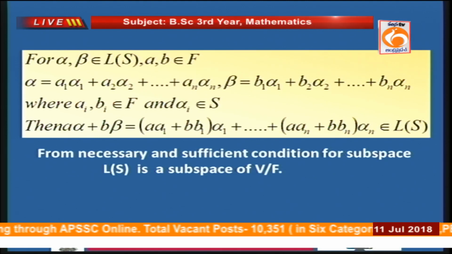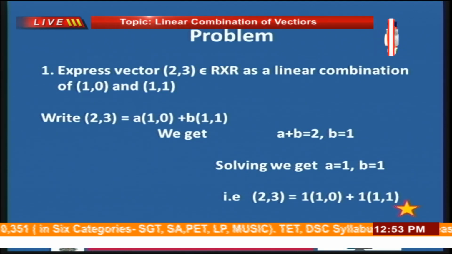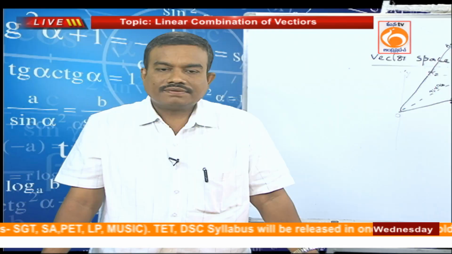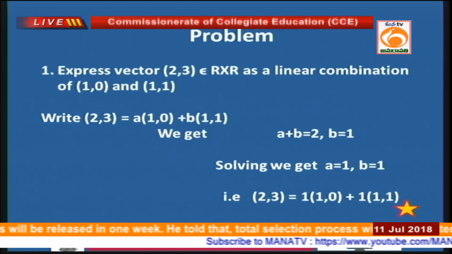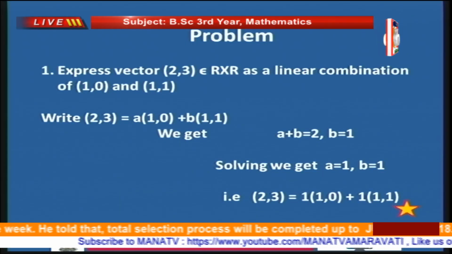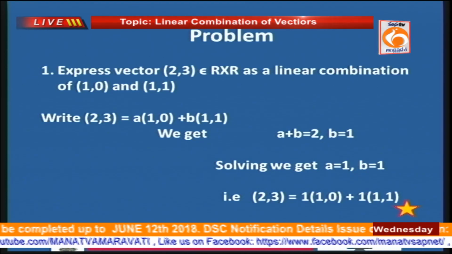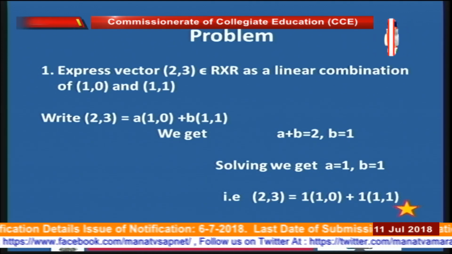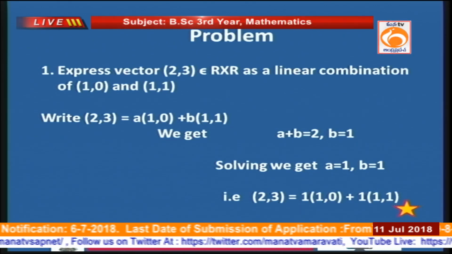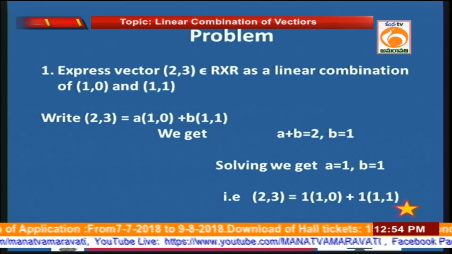For the sake of understanding this linear combination, just look at this problem. In case of R cross R, express the vector (2, 3) as a linear combination of (1, 0) and (1, 1). Use the definition: write (2, 3) equal to a into (1, 0) plus b into (1, 1). If you equate the first coordinate and second coordinate, you get a plus b equal to 2 and b equal to 1.